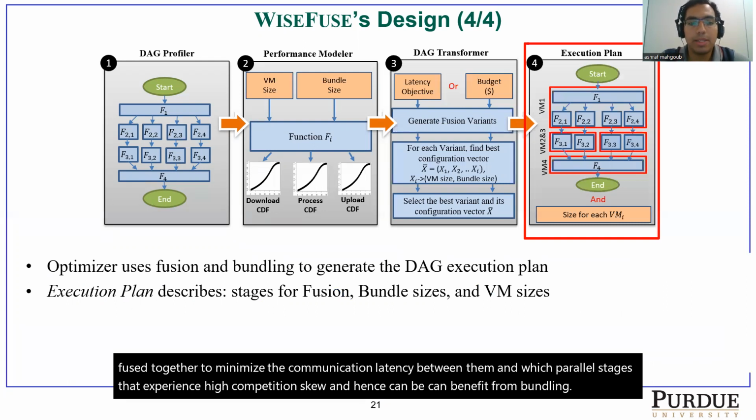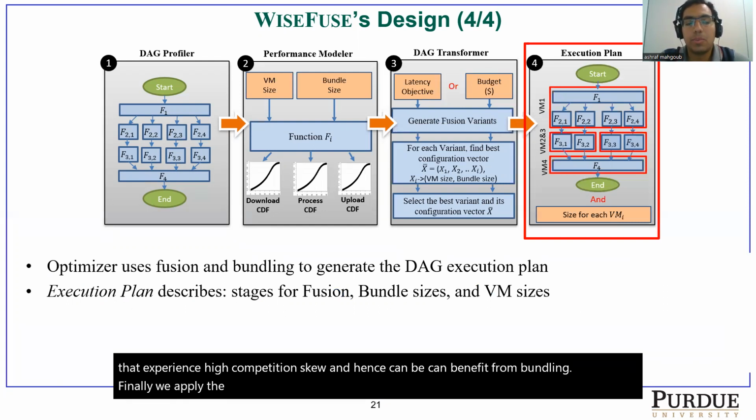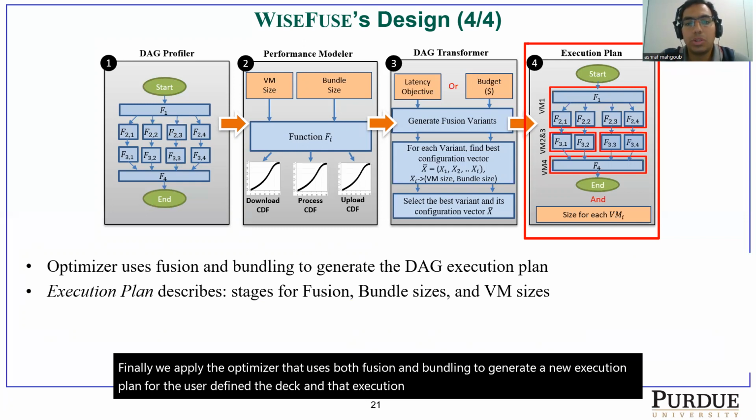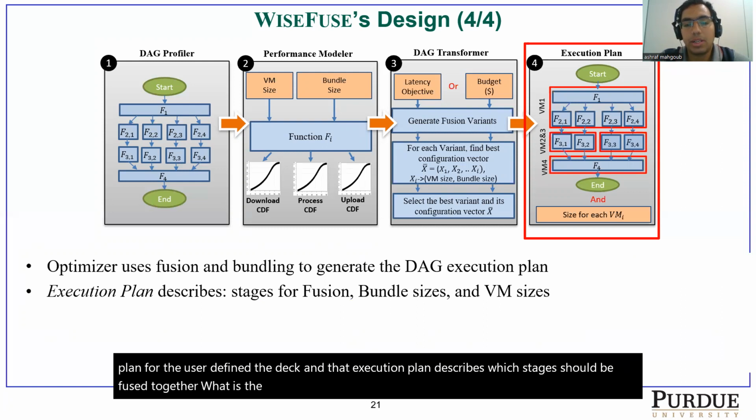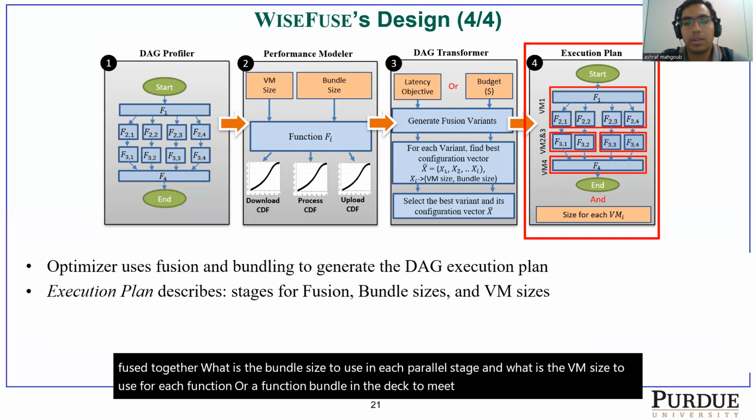Finally, we apply the optimizer that uses both fusion and bundling to generate a new execution plan for the user-defined DAG, and that execution plan describes which stages should be fused together, what is the bundle size to use in each parallel stage, and what is the VM size to use for each function or a function bundle in the DAG to meet a user required latency target with the minimum cost.